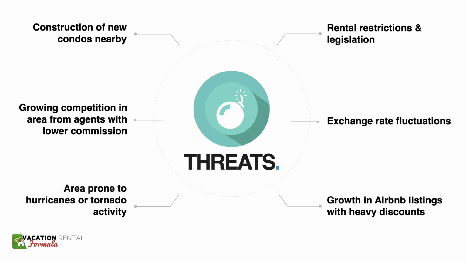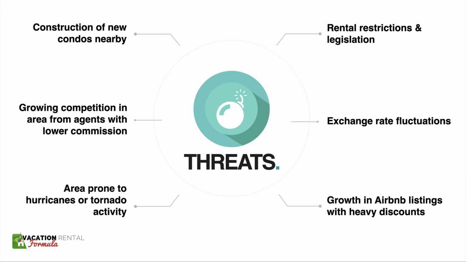So the area may be prone to hurricanes or tornado activity or other weather situations that may impact their visitor numbers and their occupancy. And finally, growth in Airbnb listings with heavy discounts. Well, we see this happening just about everywhere. We've heard it called the race to the bottom as people keep discounting. And maybe that's something you do not want to do, but you have to combat this in some way.